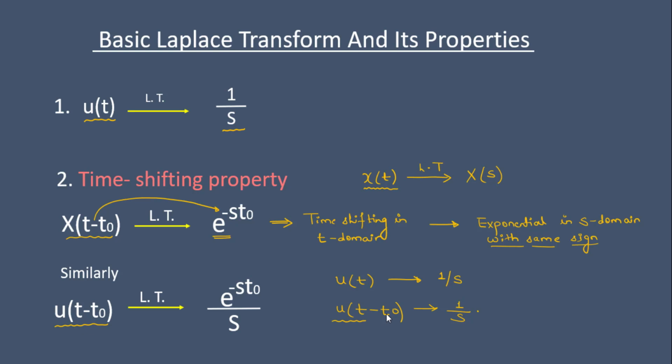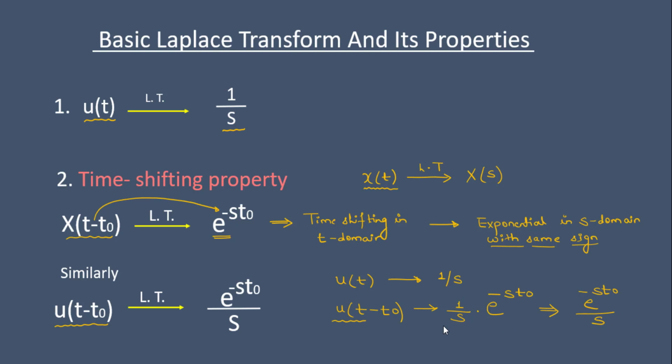We know time shifting in the t domain results in an exponential e with the same sign, so the sign is minus, so minus s into t naught. We will get e raised to minus s t naught upon s. So this was a simple time shifting property in case of the step signal.